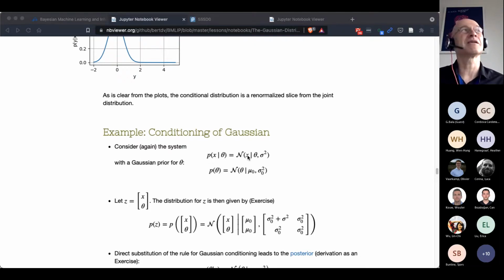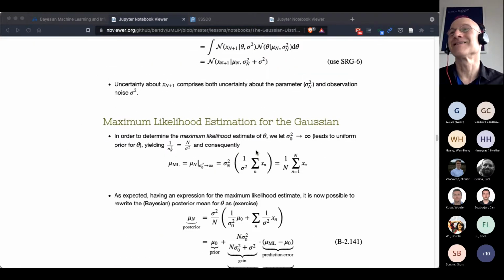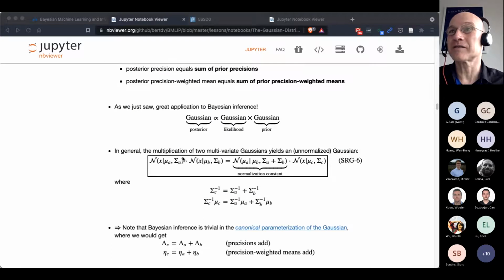So if I do that, sorry, it's a bit messy, this is now a Gaussian over theta, and this is a Gaussian over theta. This would be the prior, this would be the likelihood. What I'll get is a Gaussian over theta, which is going to be the posterior, and this term is going to be the evidence.